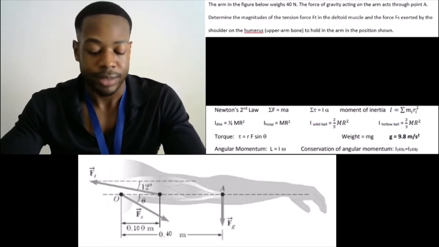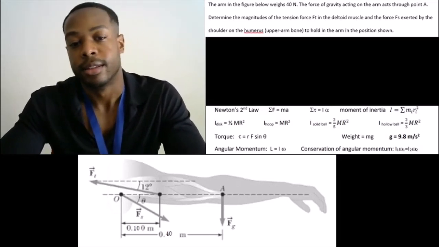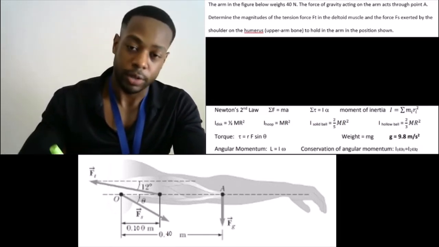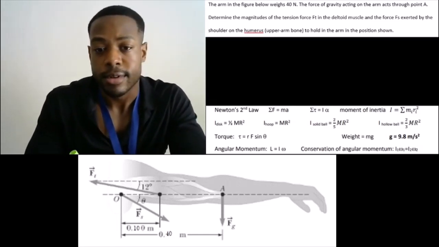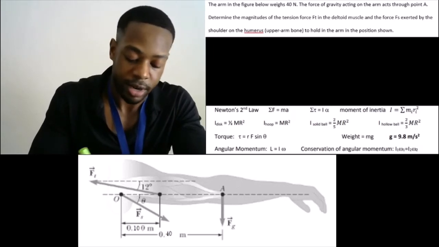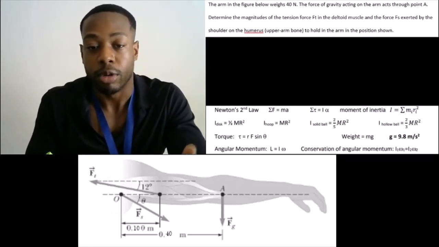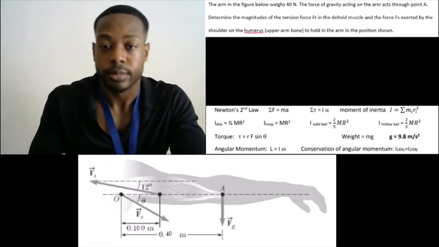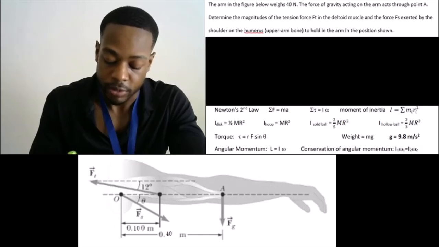So we've got, let's say, the sum of the torque equals 0. We've got force T providing torque, so we've got 0.10, which is the R. Let's actually write this out. R, that's sine theta. The force is going to be what we're looking for. Theta is going to be 12.